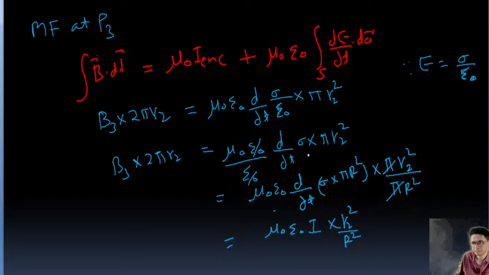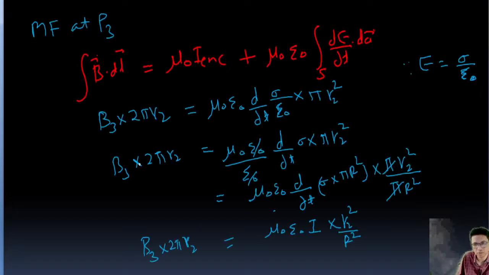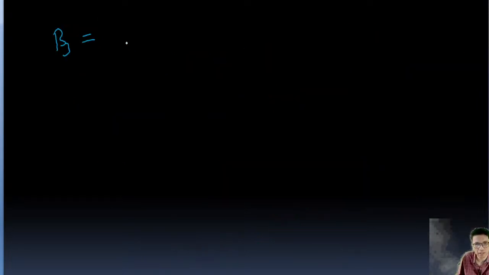So this is B3 into 2 pi r2. Okay, now from here B3 value we will find out. So this B3 value is going to be, this will go this side, right? So r2 will get cancelled, this r2 square.